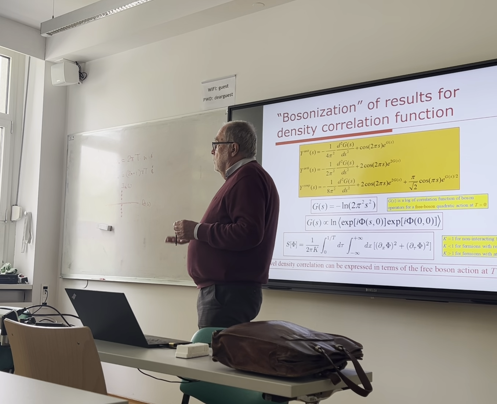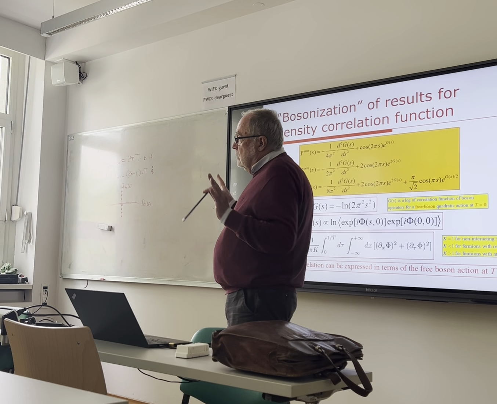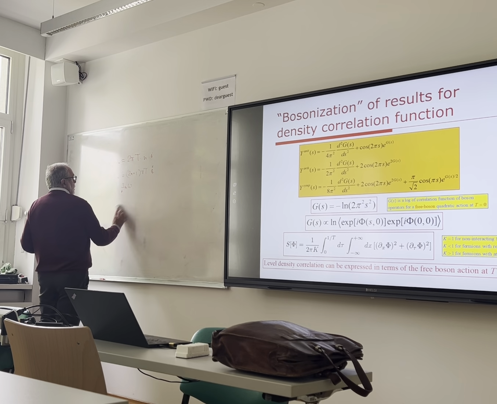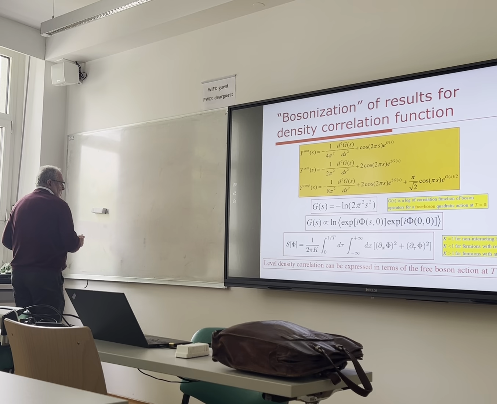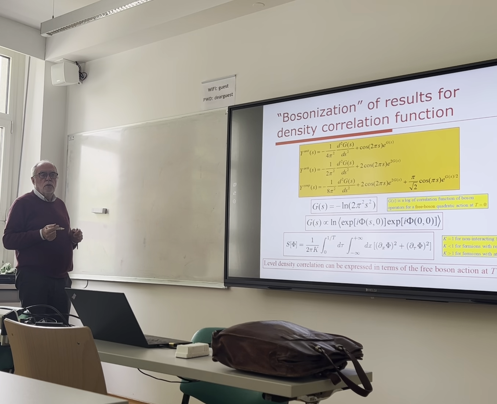And to treat interaction by perturbation in a one-dimensional system is a nightmare. And basically, since I told you about the Luttinger liquid, I will tell you what is the difference between the Luttinger liquid of fermions and the Fermi liquid of fermions, which is Landau Fermi liquid theory.